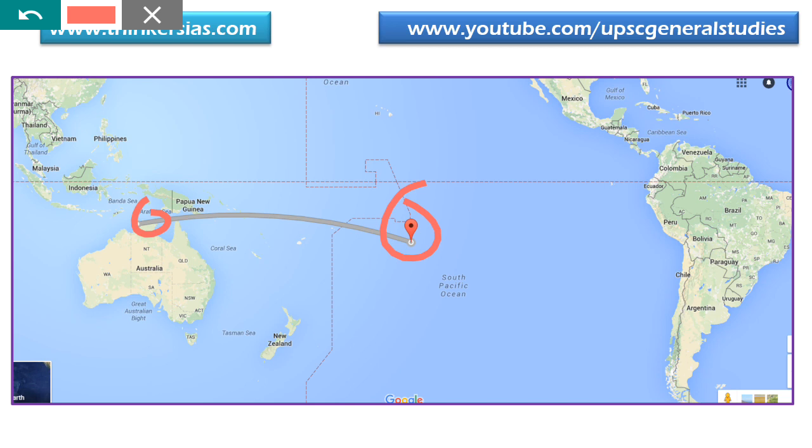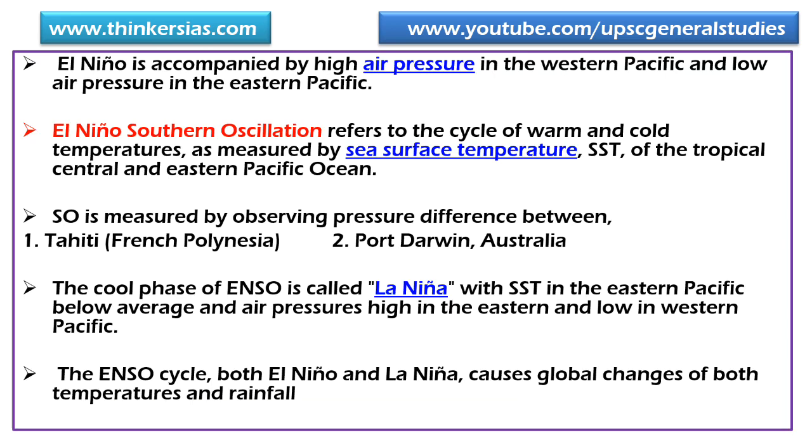At Port Darwin, we measure sea surface temperature and air pressure, that is the western Pacific, and in Tahiti, the central Pacific. So at Tahiti and Port Darwin, we measure the pressure difference between these two places.